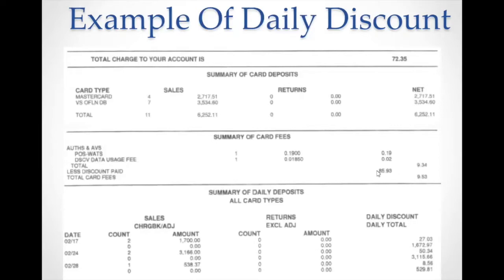Again, they'll never see a deduction from their bank account for this $85.93. It's simply money that was in the terminal that never actually got deposited to them. So to get the accurate total amount paid in fees, you'd have to add what was deducted, and you would also need to add what was taken on a daily discount. You add the two of those together, that's going to ultimately give you what they paid in fees.